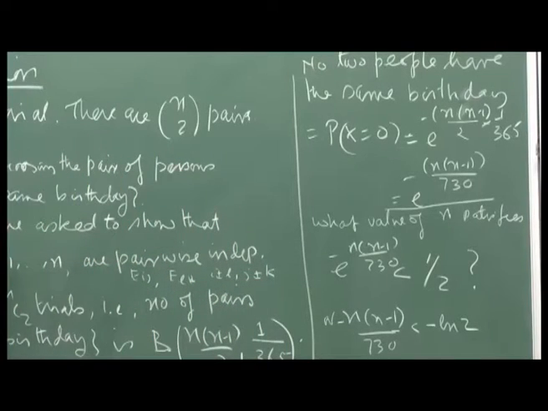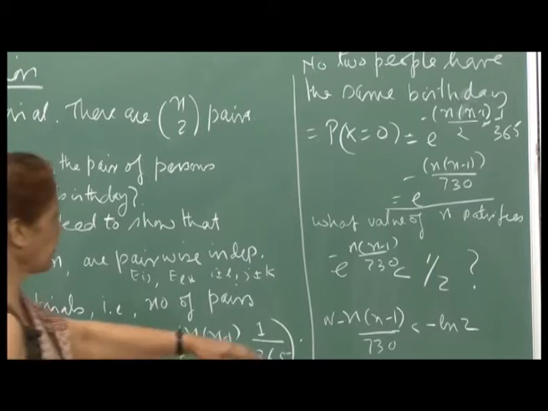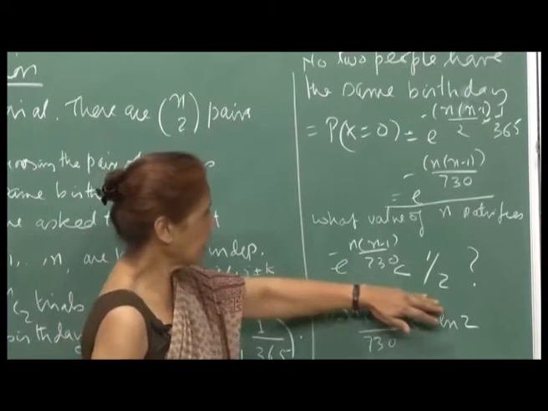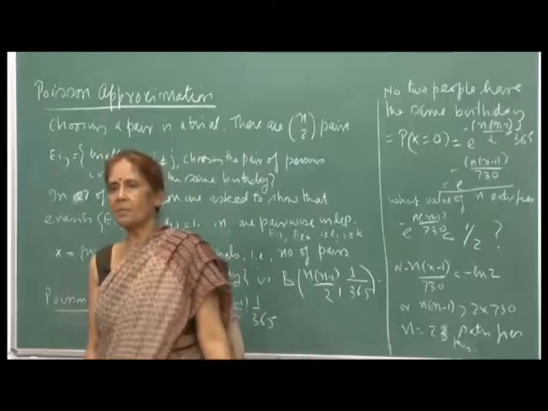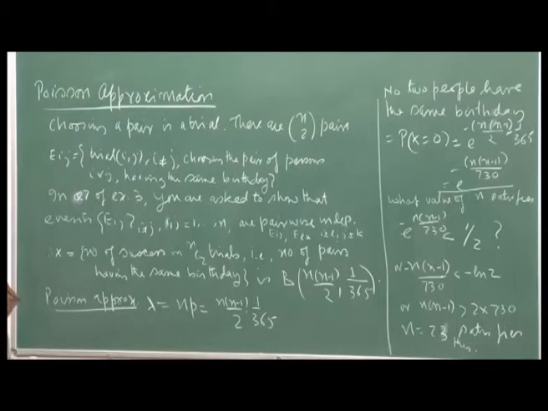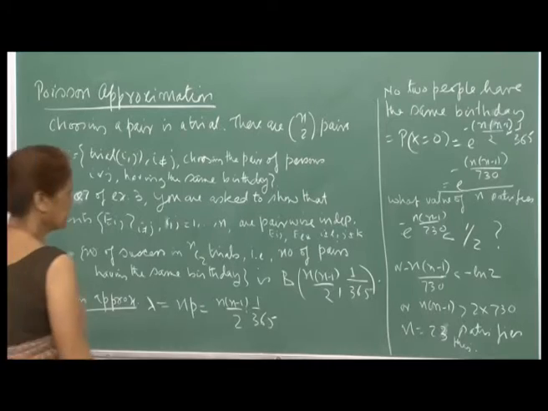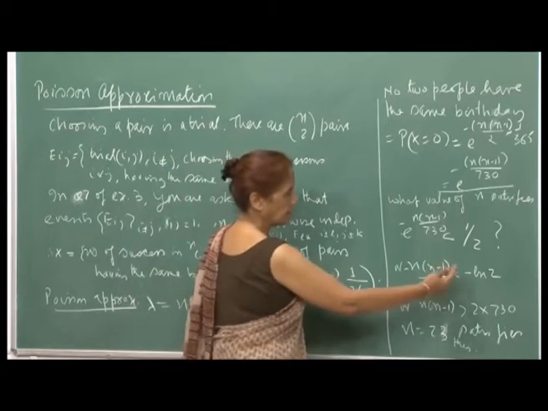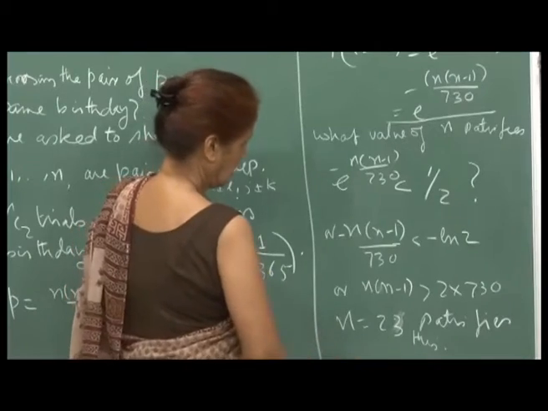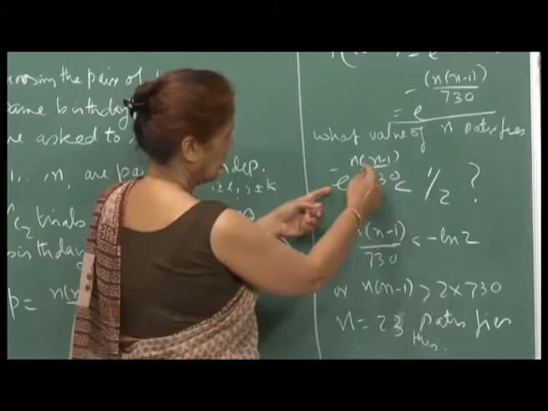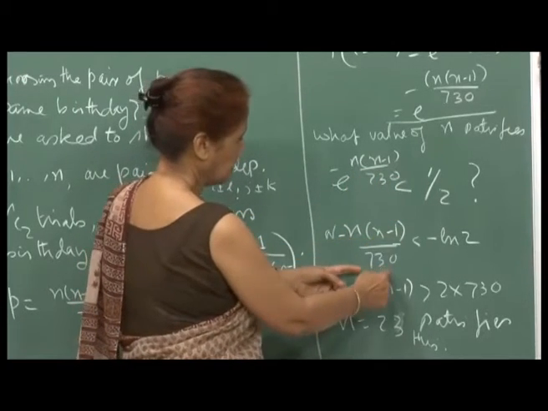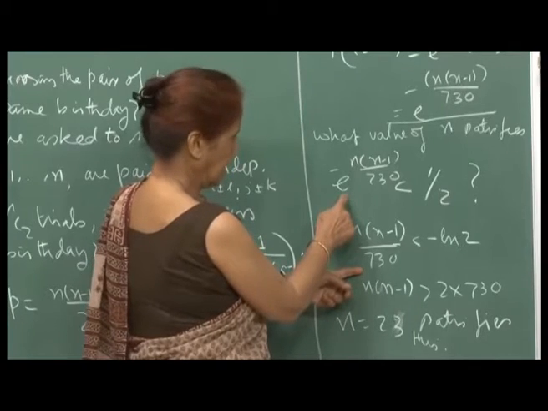So, the next part of the question was what value of n satisfies the inequality that this is less than half. No two people having the same birthday, that probability should be less than half, right. So, if you take the logarithm of both sides, then this is minus n into n minus 1 upon 730, ln of e is 1.